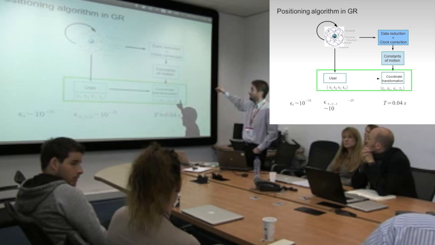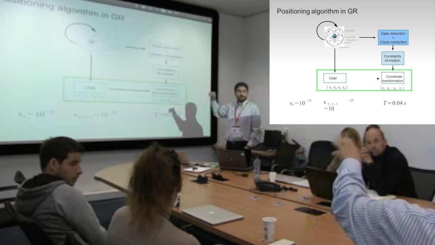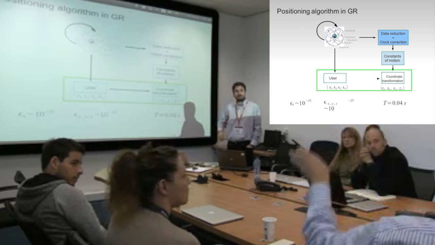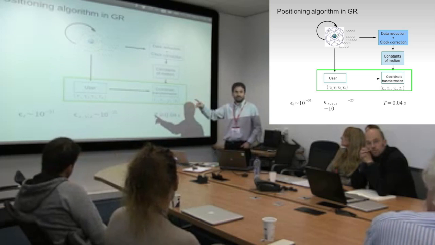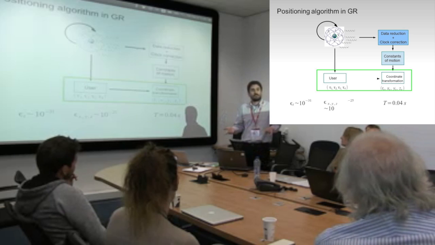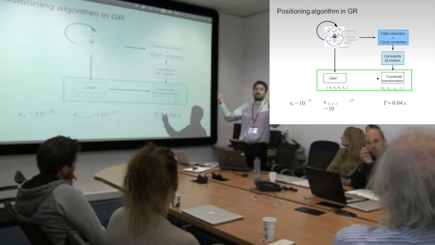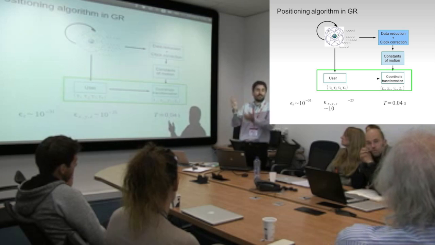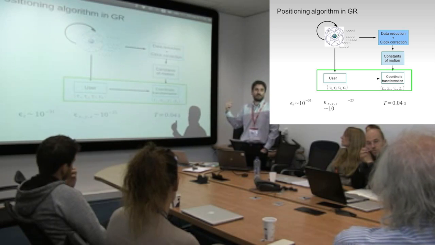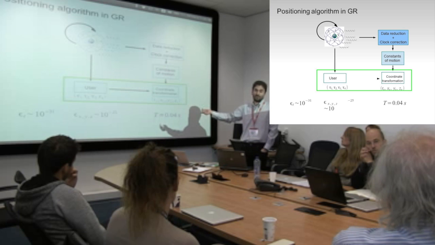So if it's processed on the ground, it would have to be brought back to the satellite. But I know which makes more sense. If you just receive the positions of the satellites, then you have to do it all the time, calculate them and everything. But if you just send the orbital constants, they do not change so quickly.